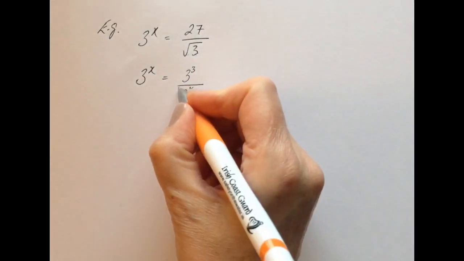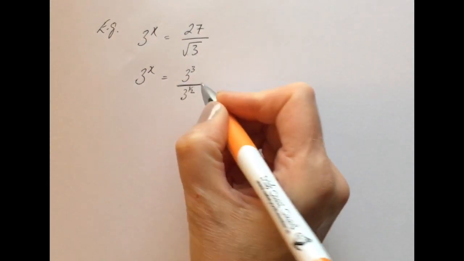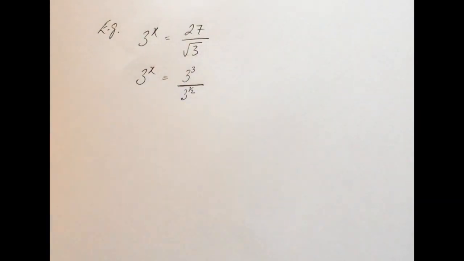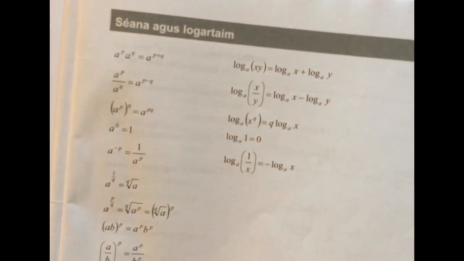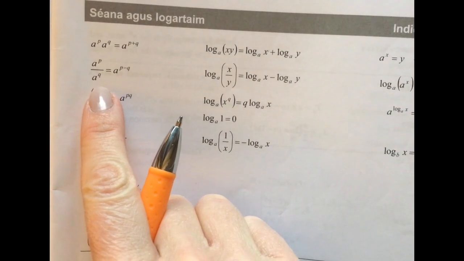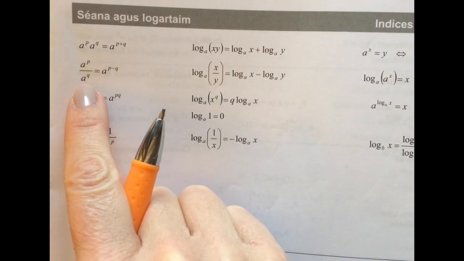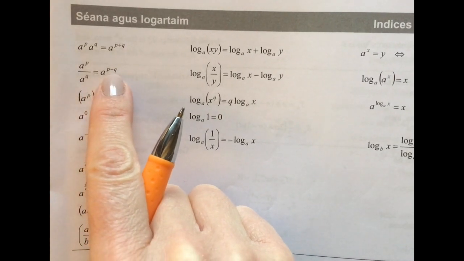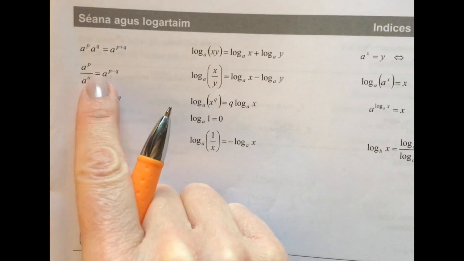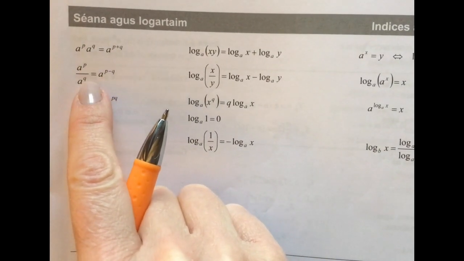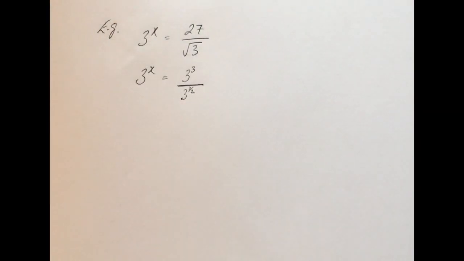So now we have this division here, and again, going to our laws of indices to help us simplify the right hand side. If you look at your second law, we have of course that a to the power of p divided by a to the power of q, all you need to do is subtract the powers. When you have division, you can subtract the powers. So that's exactly what we're going to do here.